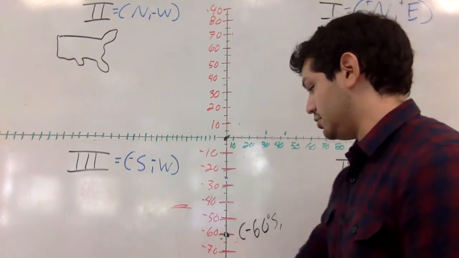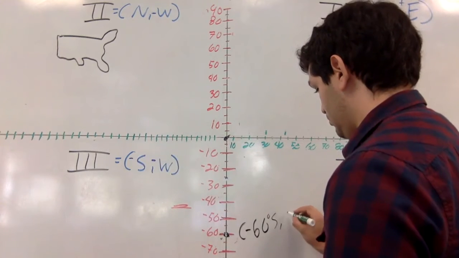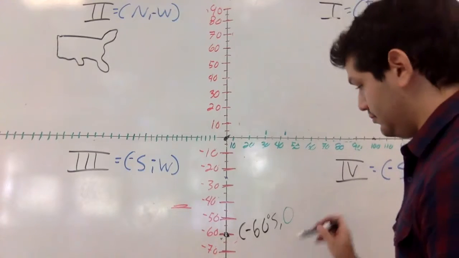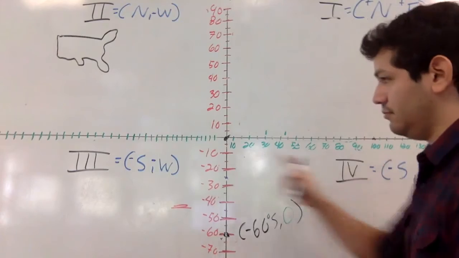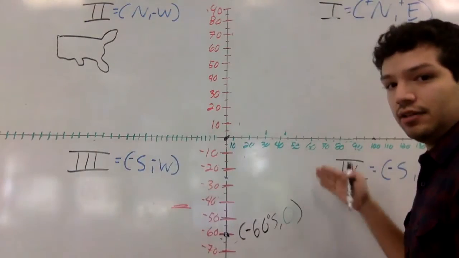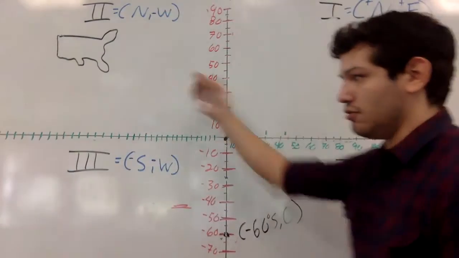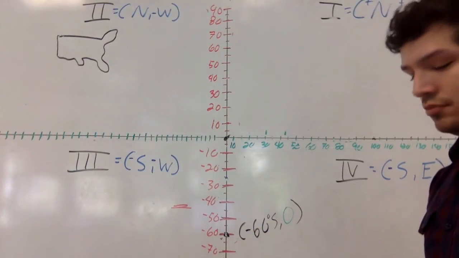So my longitude is just going to be 0, because it's not on either of these sides. We know it's in the southern hemisphere, but it's neither on the eastern nor the western side. So it's 0.